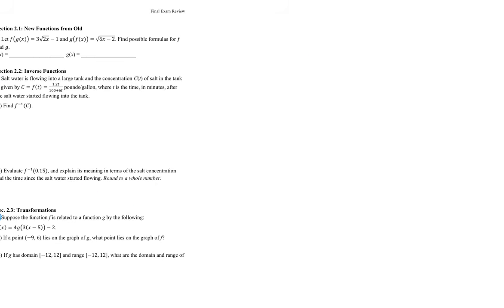Suppose the function f is related to the function of g by f of x is equal to 4 times g of 3 times x minus 5 minus 2. If we have the point negative 9, 6 lying on the graph, what is the point that's going to be on the graph of f?